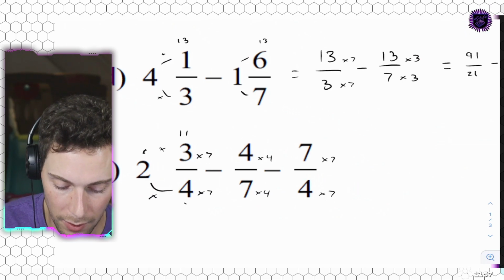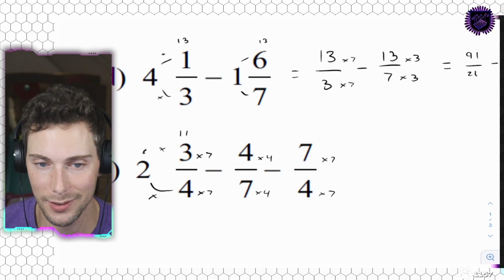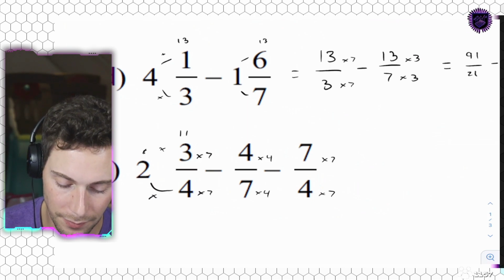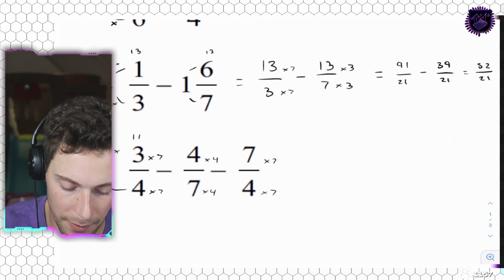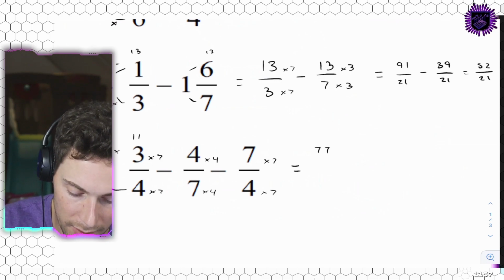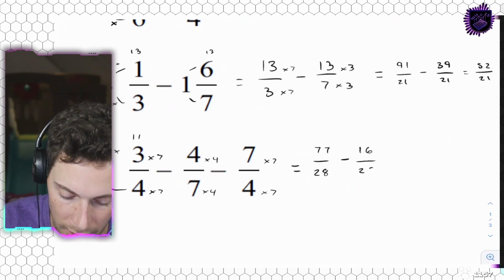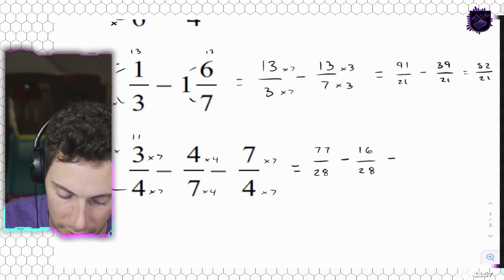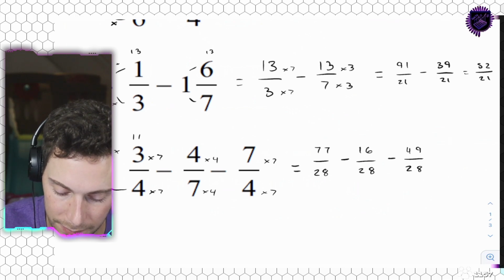So we want to make all of these denominators the same, and we have 2 4s and a 7. So cross multiplying is going to look a little bit weird. 11. Okay, let's write our equivalent statement. 77 28ths subtract 16 28ths, subtract 49 28ths.